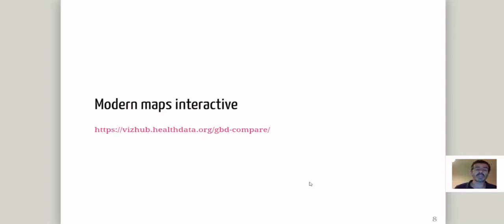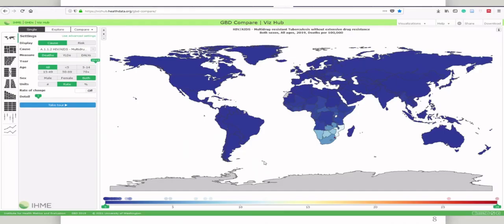One of these interactive maps that you can look at is found at this web address that you can see here in red. Let's have a look at that website for a moment. So we can see in this map the presence of multi-drug resistant tuberculosis without extensive drug resistance in both sexes.